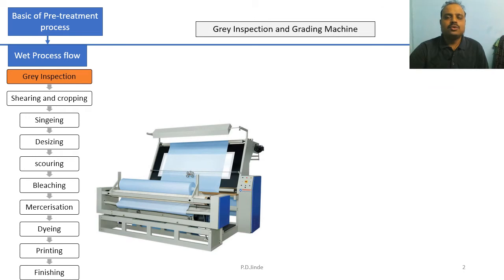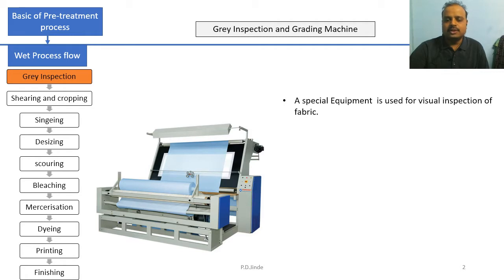The equipment used to inspect the fabric visually is known as a fabric inspection machine. In front of you, this is a fabric inspection machine, a special piece of equipment used for visual inspection of the fabric.